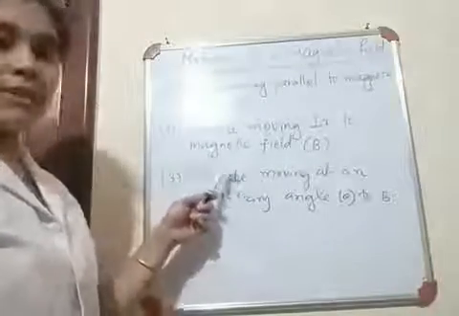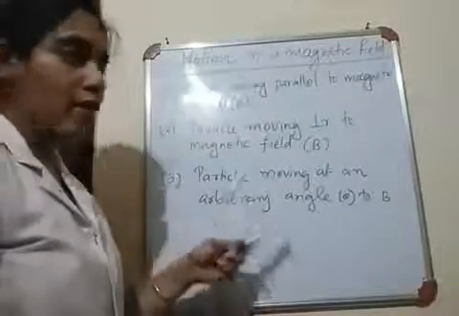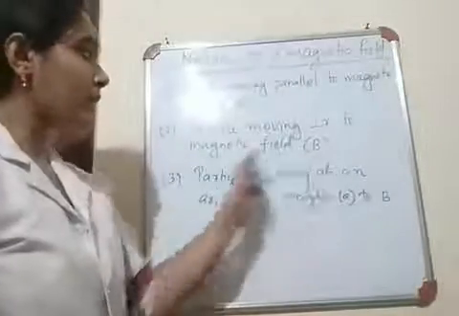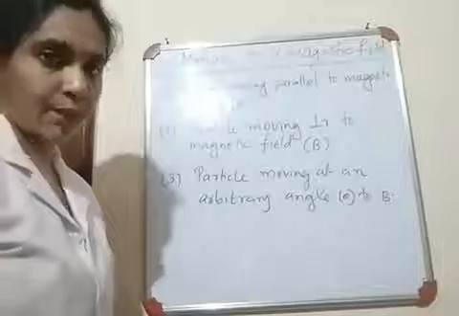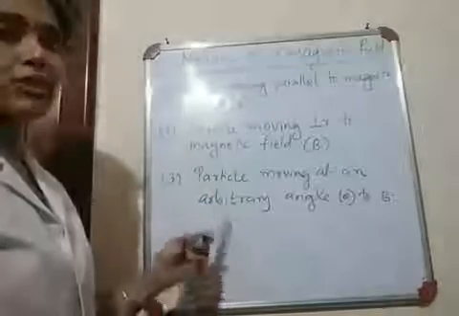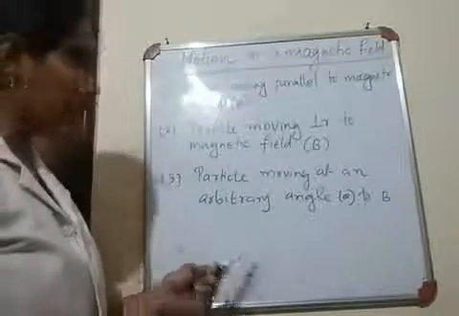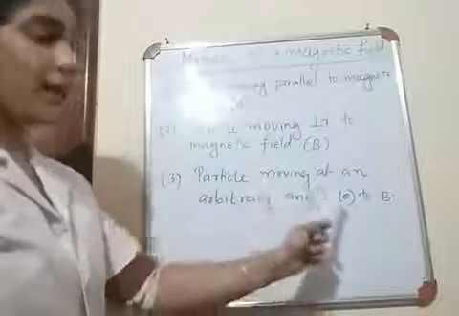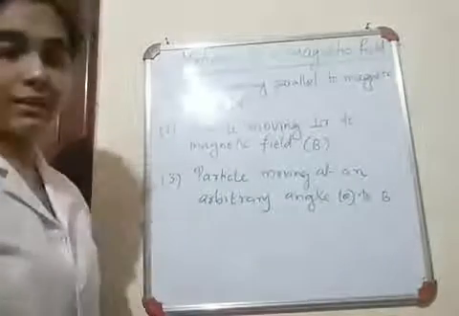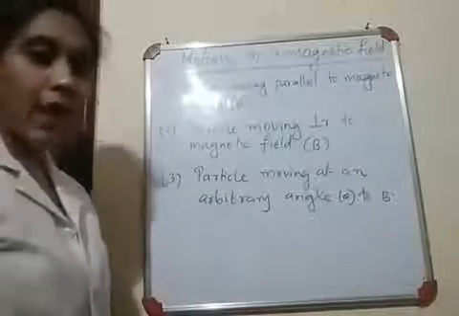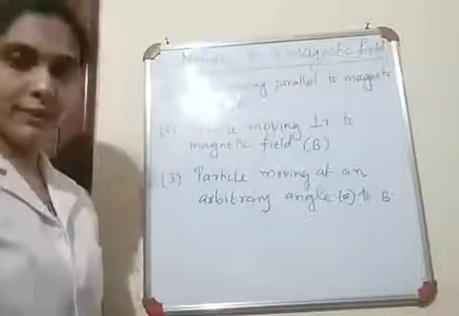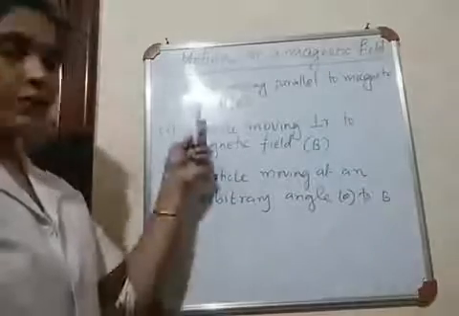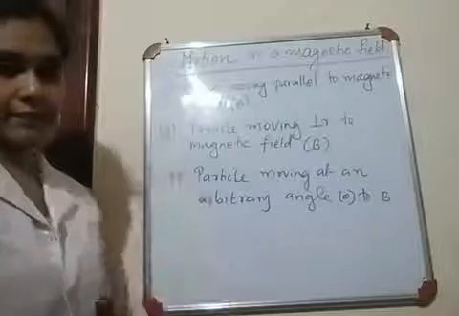Then, what happens to the path of the charged particle when it enters perpendicular to the magnetic field? Again, what happens to the path of the charged particle when it enters at any arbitrary angle theta, especially an acute angle theta, to the magnetic field? So, here we will discuss the first case.